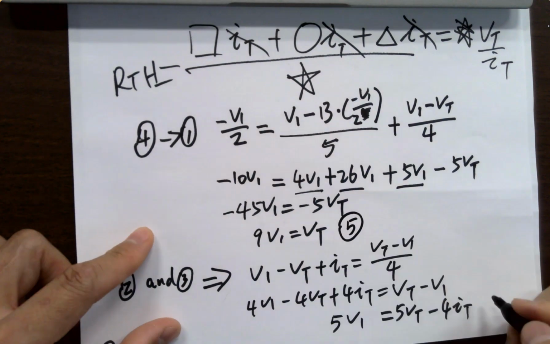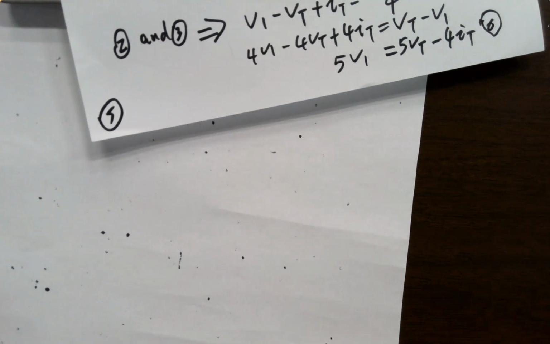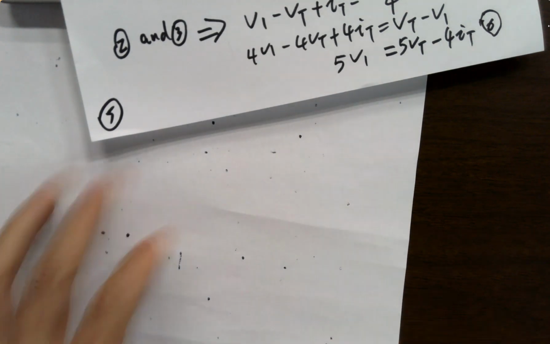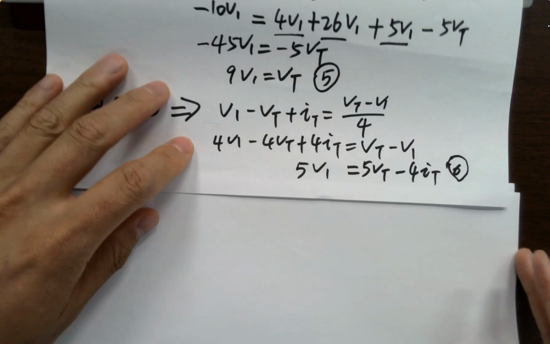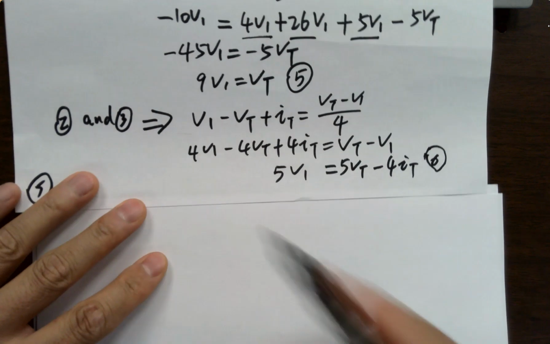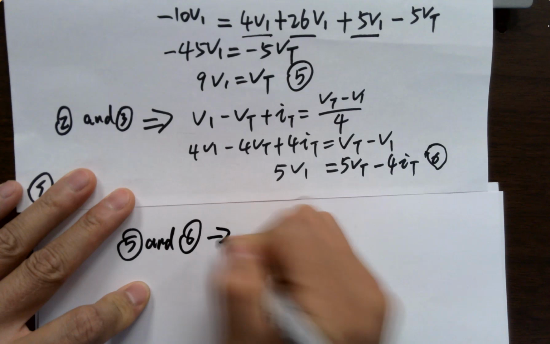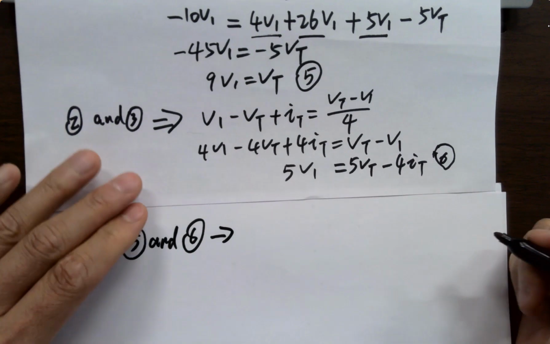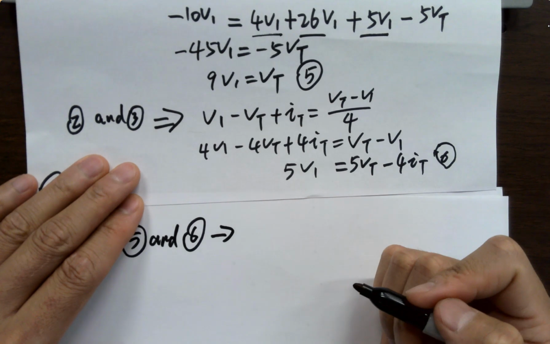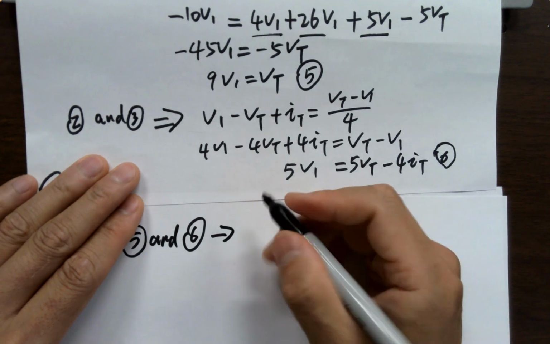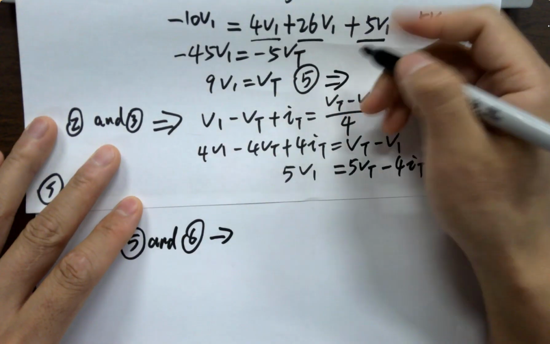Number 5, number 6. I hope I'm making this correct. Let's see. It's a moment of truth. From 5, let's just go directly from 5.